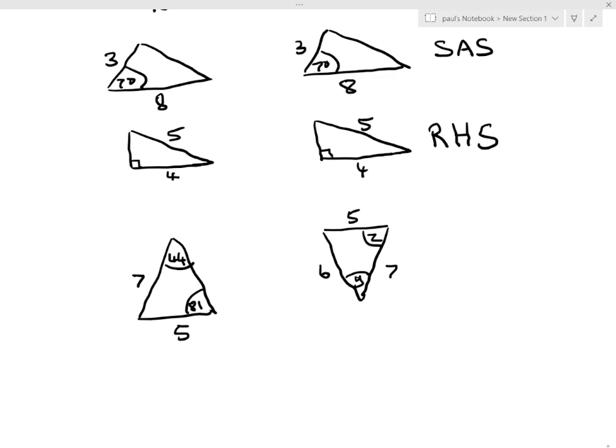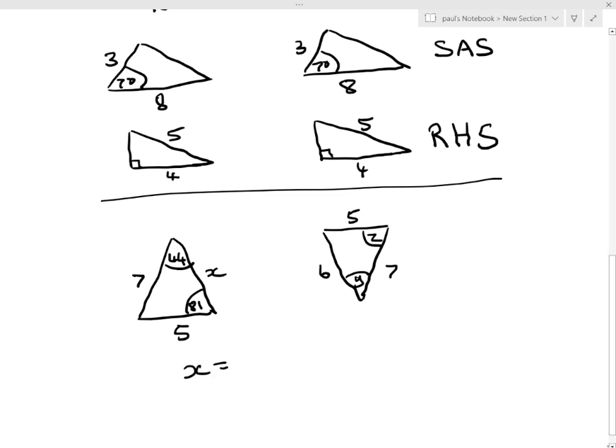The question could be, these two triangles are congruent. Okay, so you know they are the same. Find the missing Y's and Z's. And we can have an X there as well, so we'll find that side. So because they are the same, but one's been turned upside down, you've got a 7 and a 5, so this X must be equal to 6.